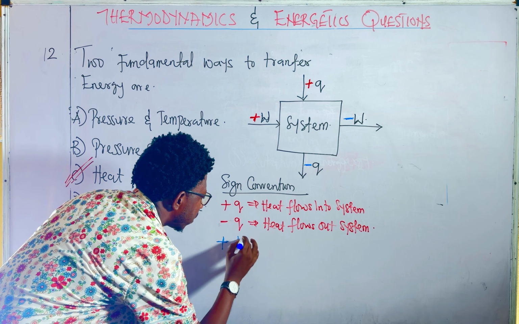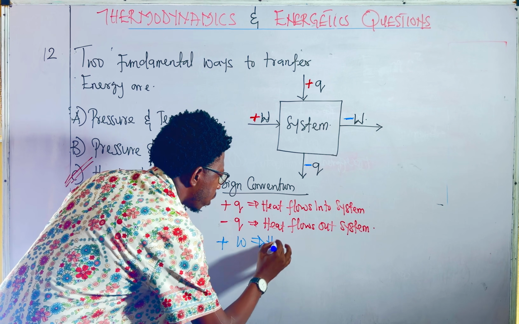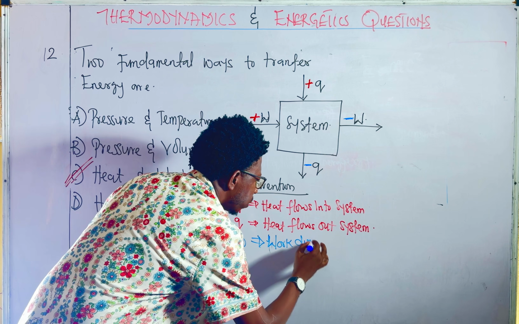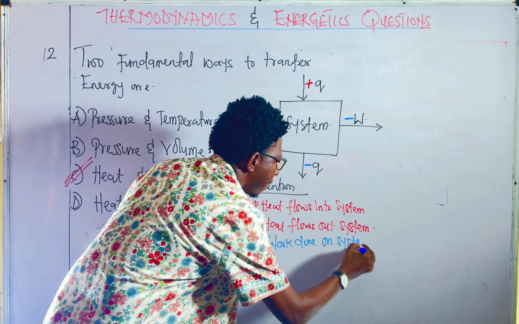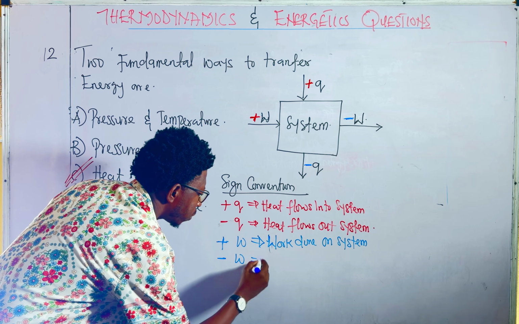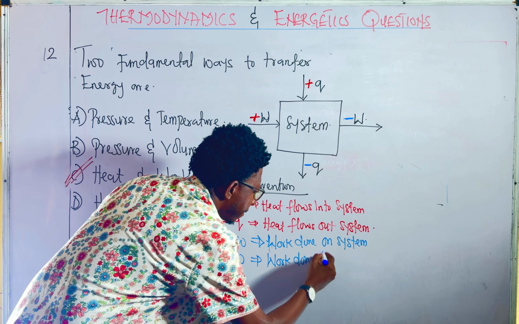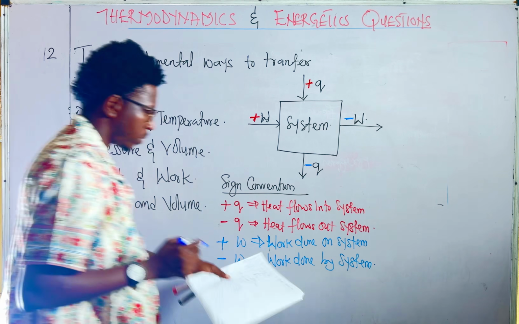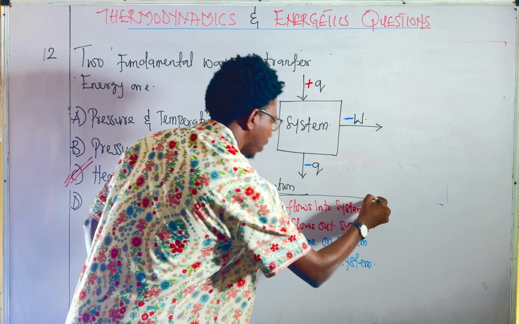Positive W: work done on the system. Negative W: work done by the system. So take note of this.